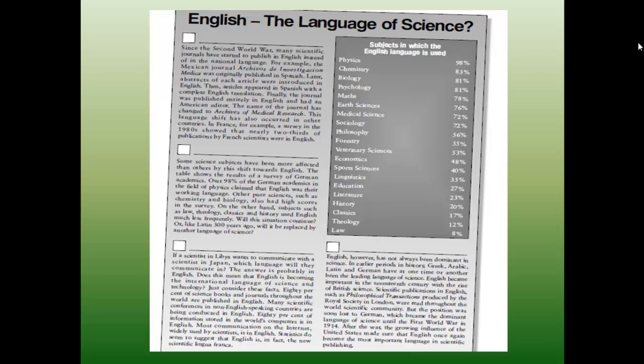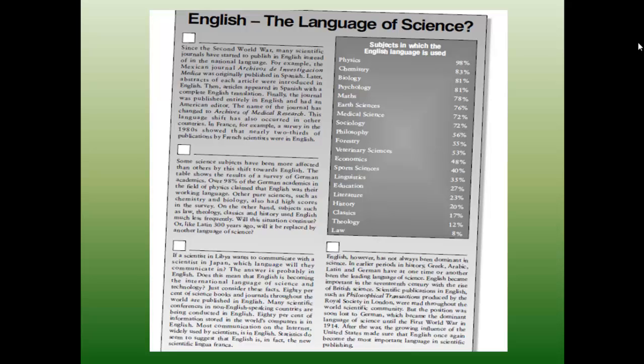English, however, hasn't always been dominant in science. In earlier periods in history, Greek, Arabic, Latin, and German have at one time or another been the leading language of science. English became important in the 17th century with the rise of British science.